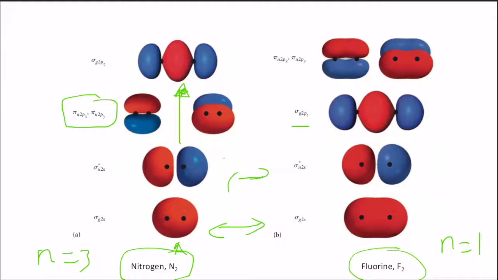Why? Because the s-p gap is much larger, and so there is no interaction, it's not pushed up, and so now it comes before the pi u px and pi u py.